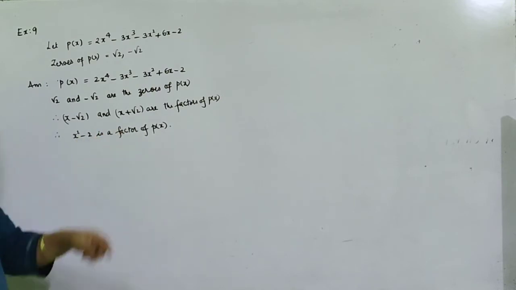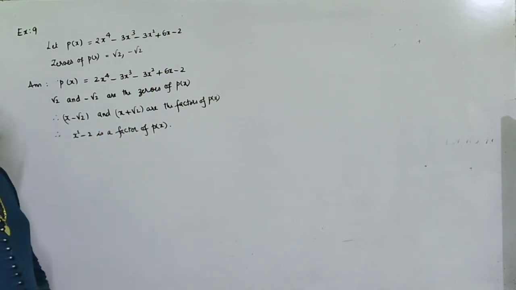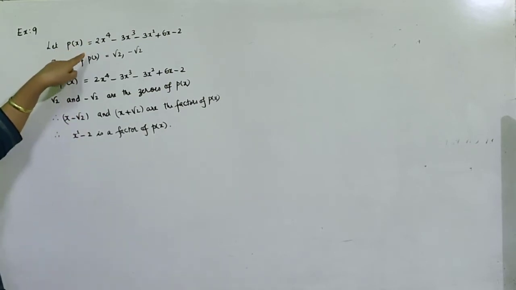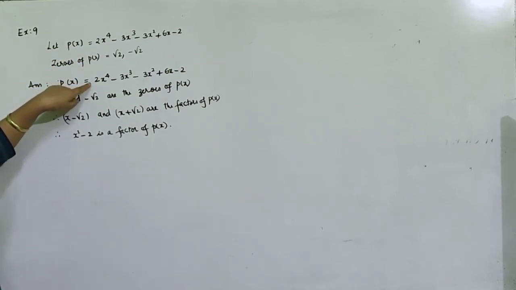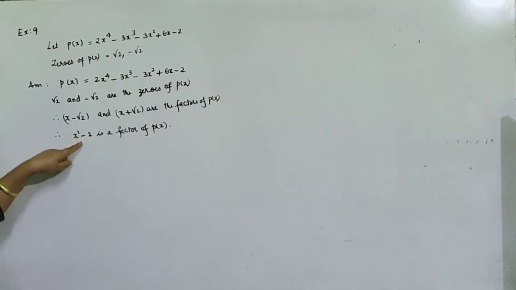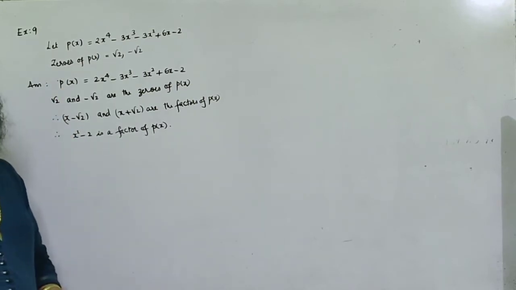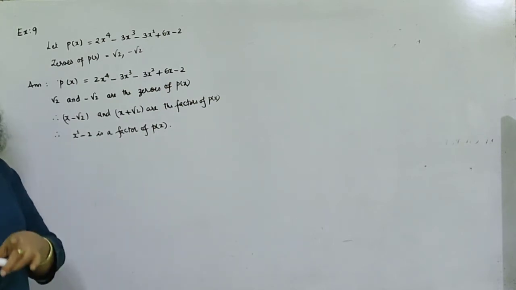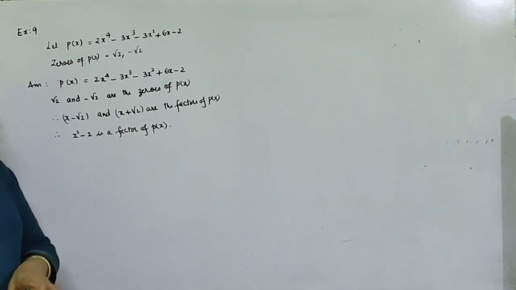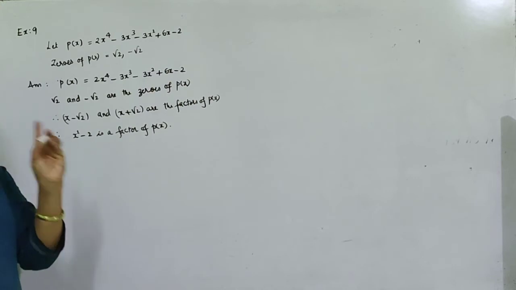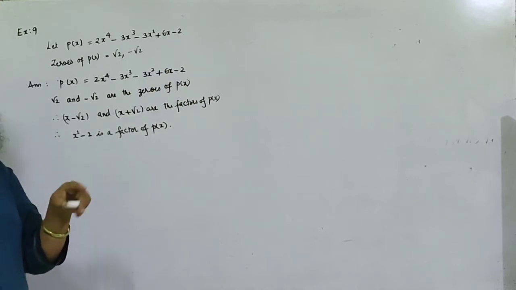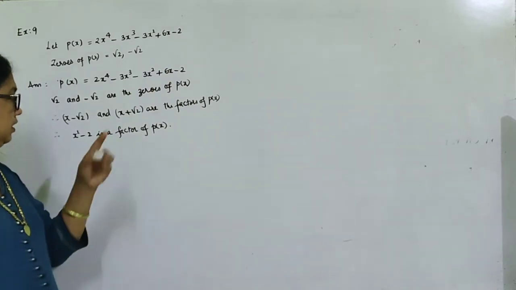Now, in order to find the other zeros, what do you have to do? Take p of x as the dividend and x squared minus 2 as the divisor. Divide and find the quotient. Since this is a factor, the remainder will always be 0. After getting the quotient, you have to factorize it, then we will get the answer.